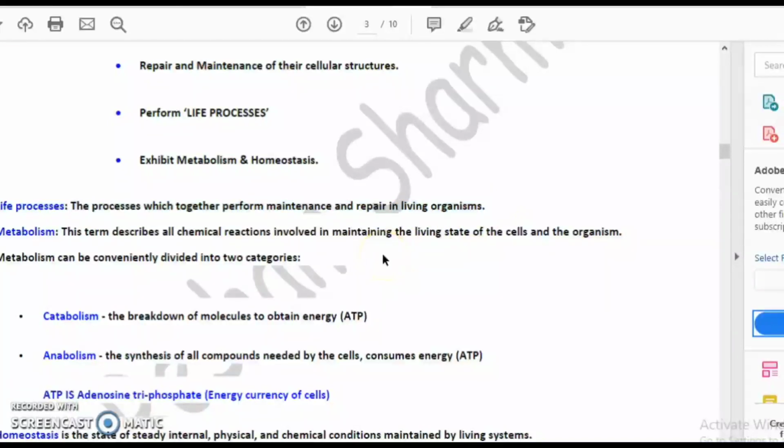And of course, the last characteristic is that living organisms possess metabolism and homeostasis. Metabolism is a term in which you include all the chemical reactions taking place in a cell. The cell should be a part of the organism's body. Let's say I culture or grow some cells in a test tube or in a petri dish, in lab conditions.